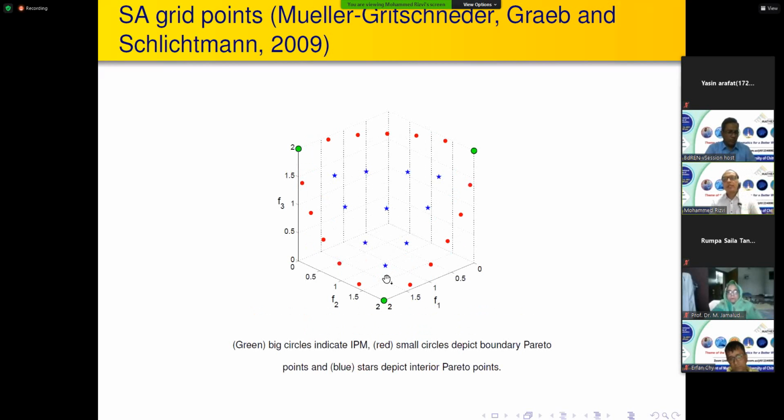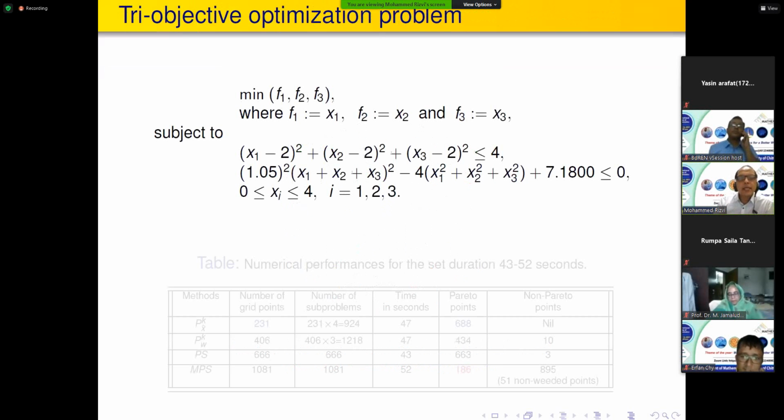So basically, I showed you that others have given criteria to generate the grid points. We need those ideas because we want to show that our proposed scalarization approach works well. So we need to make sure that we are providing very good grids into the algorithms. Now, let's take an example.